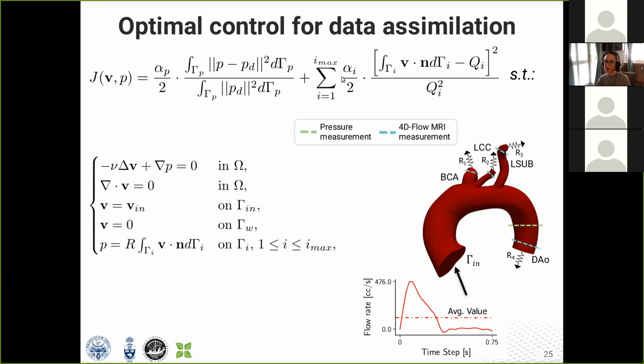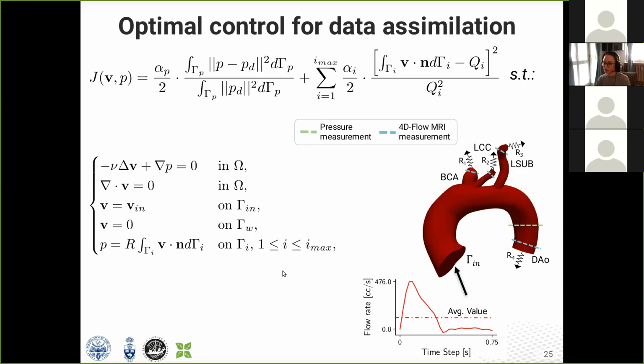But if you have some data that you want to assimilate more, that you want to give more importance, you just need to give them a higher weight, and they will play a more important role in the optimization phase.